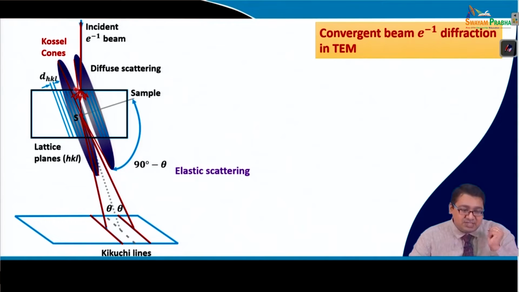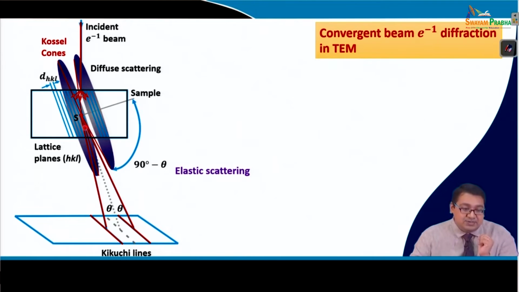So, the diffraction from a certain HKL plane may occur in all possible ways to form a cone, something like that.